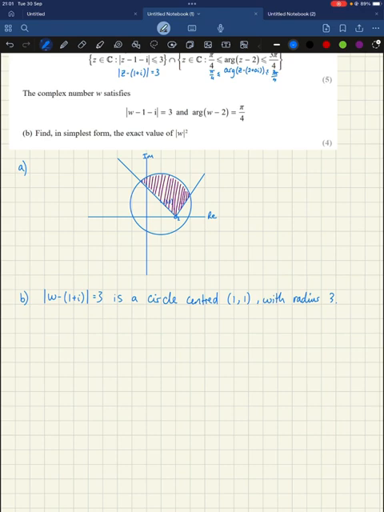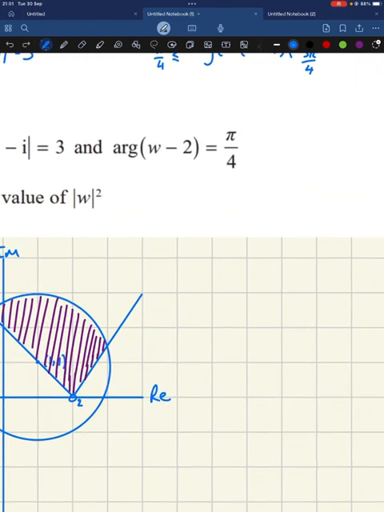So we're going to have to find the Cartesian, and then we're just going to find the modulus of that and square it. Well, if we convert to Cartesian, this implies we have x minus 1 squared plus y minus 1 squared equals 3 squared, which is 9. So this is one equation. We'll have another from this, and they will be simultaneous equations.